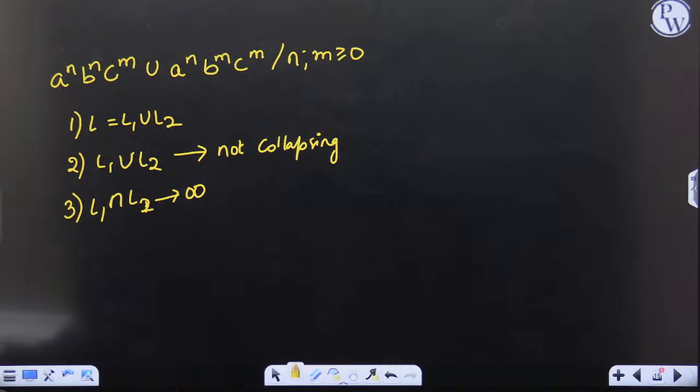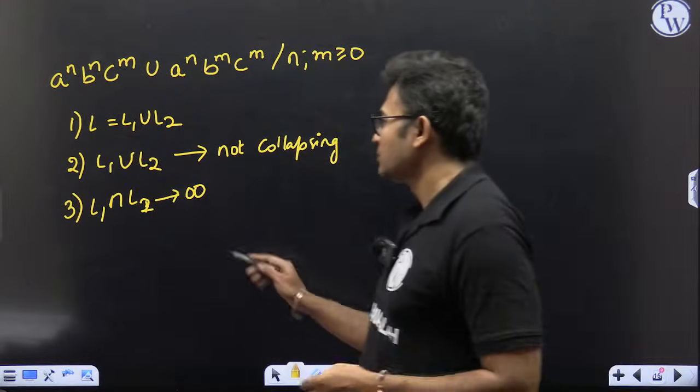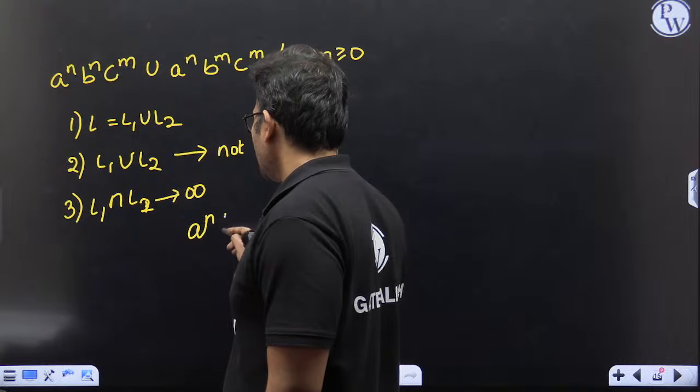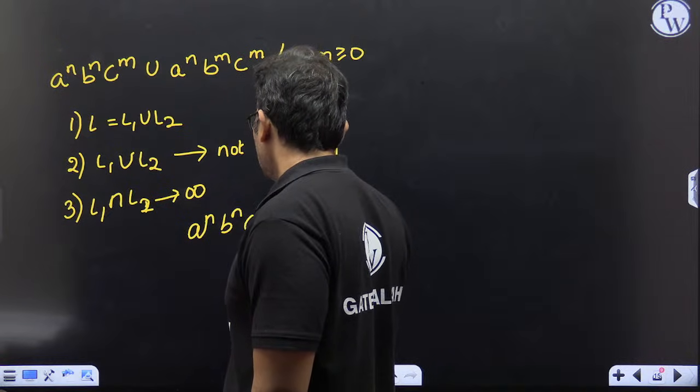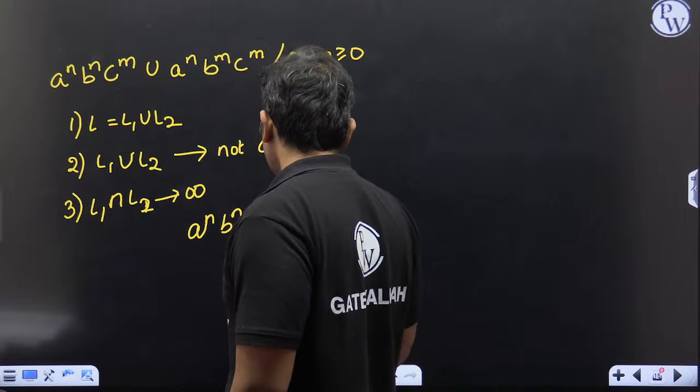Very good. L1 intersection L2 is A power n, B power n, C power n, which is infinite, right?